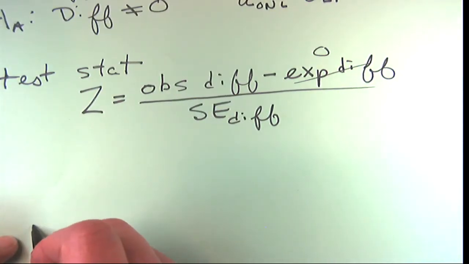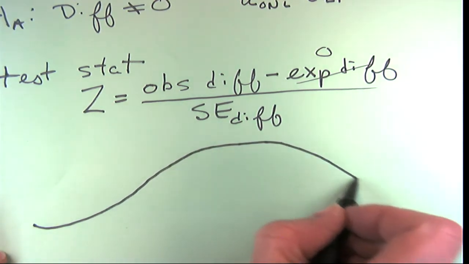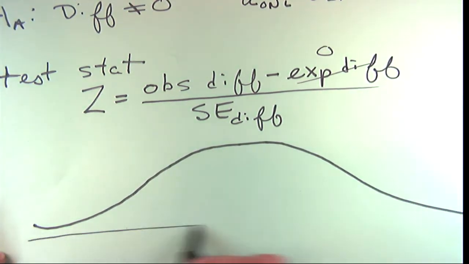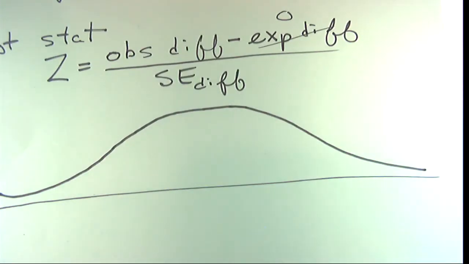So what this means is that if you did this over and over again and took a difference, there's 170 in one class and 170 in the other. So you have 340 students.